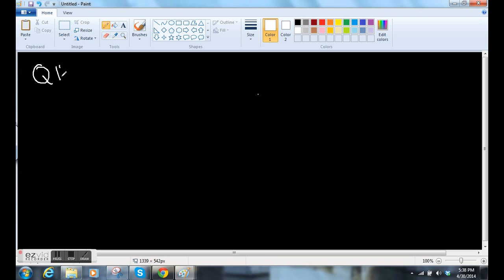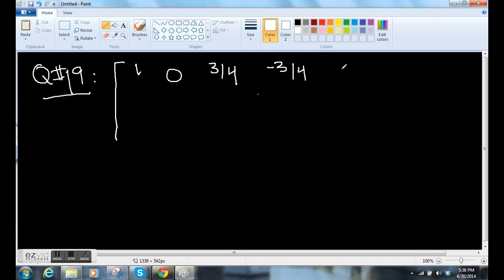Here's question number 9. It gives us a matrix that someone has written, is it 9? No, 19. Sorry. 19 gives you a final matrix that looks like this. 1, 0, 3/4. I'm giving you the end game. Suppose you could skip ahead through all the nasty business of working on this matrix and you ended up with something.